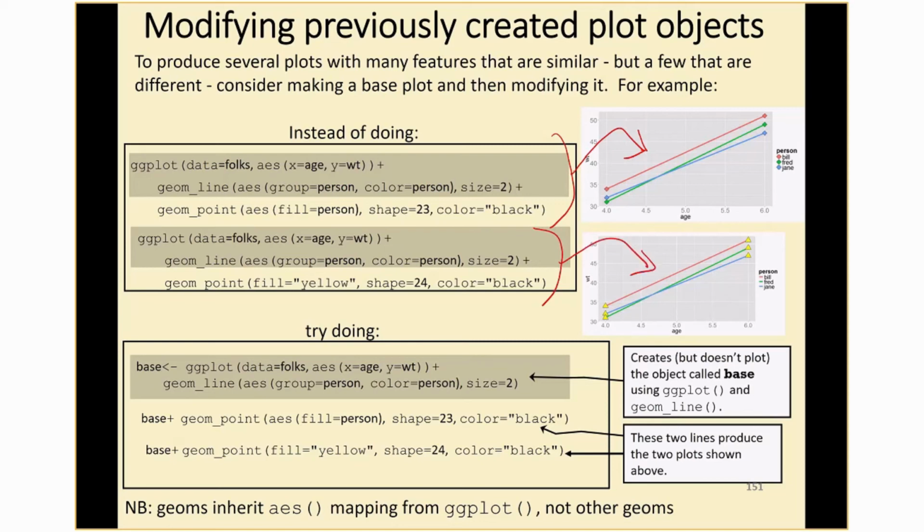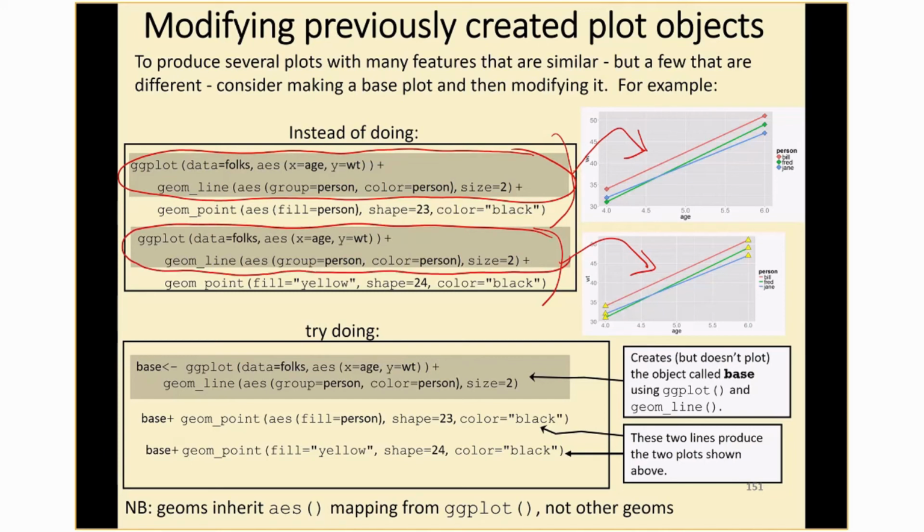Now, if we compare these two blocks of code, we can see that at the beginning they're identical. So the plotting function is the same, and the information to make the line plots is the same.